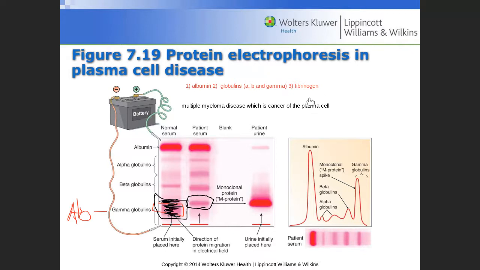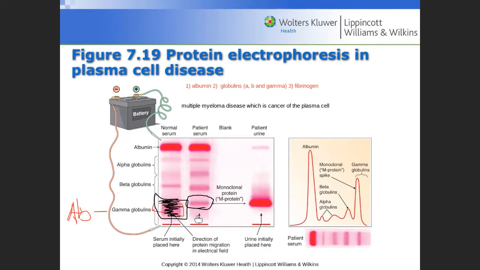It's like one type of B cell now, whereas the smear that you see is produced by many different types of B cells, many different clones. Here it's just one clone, and it produces so much. This is known as monoclonal protein, also known as M protein.